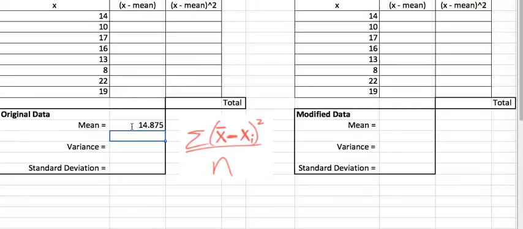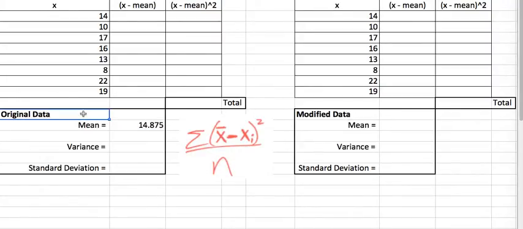Okay, so if you remember what we talked about when we were talking about variance, this formula right here is the formula for our variance. And if you remember, the variance is a mean. So notice we're adding a bunch of stuff up and dividing by how many there are.